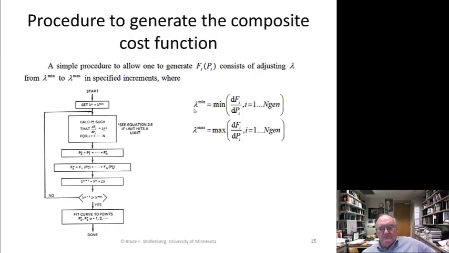I calculate the minimum that lambda could be, and that's the minimum over all the generators. And then I calculate the maximum as the maximum over all the generators. And then I start it, and I say, okay, set lambda to lambda min right here. Calculate the P such that df/dp equals lambda, and I do that for all the generators.